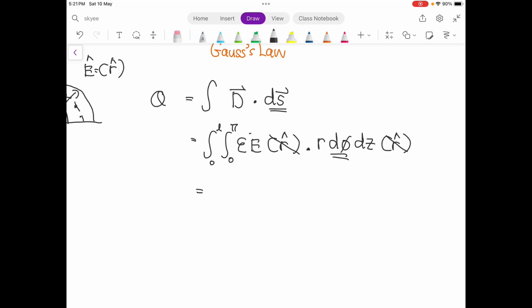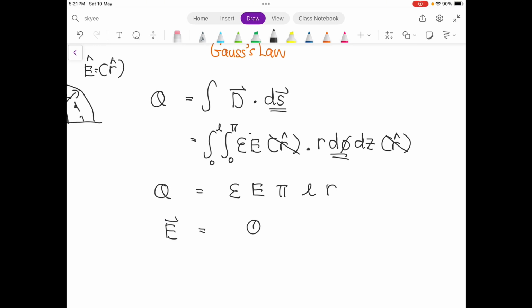When you do the integration, you will have epsilon E, pi, L, and R. So this is the equation for E.